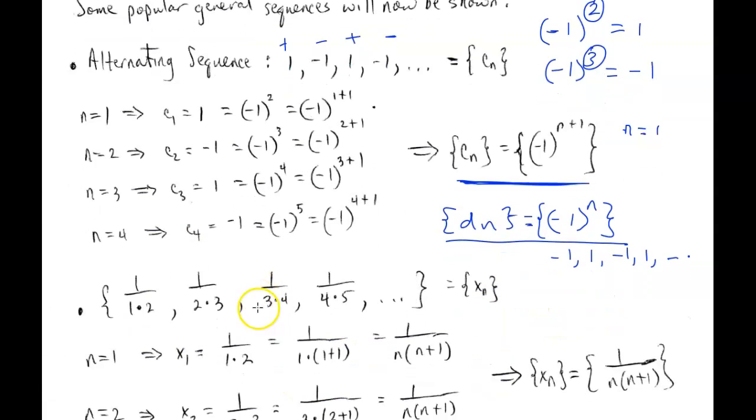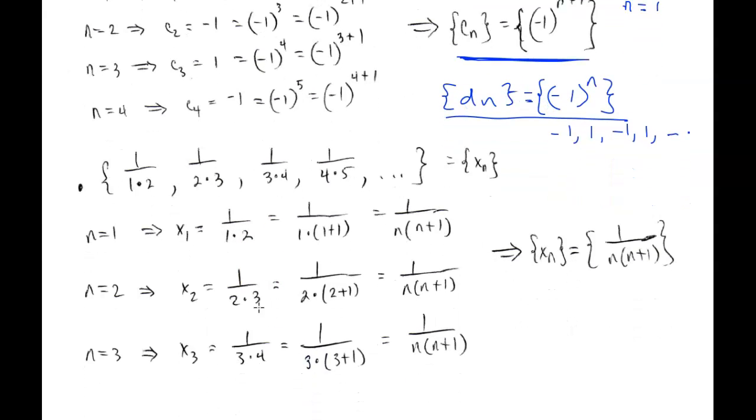All right, so the next sequence really doesn't have a name to it, but it's one that you'll probably see at times. And you can see here that it was 1 divided by 1 times 2, 1 divided by 2 times 3, 1 divided by 3 times 4, so on and so forth. And so you see, if we list these out with n equals 1, n equals 2, and n equals 3, and break this out, anywhere we see a 1 in this first one, we replace it with n.